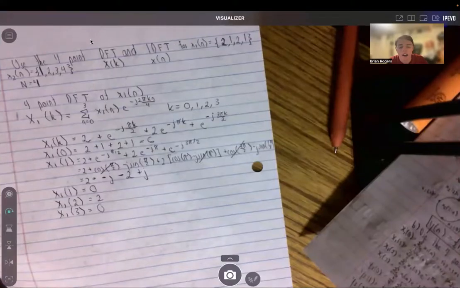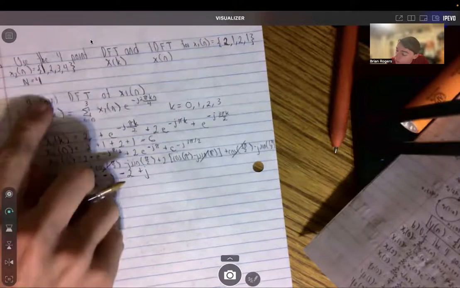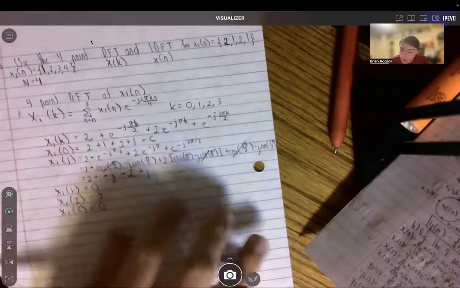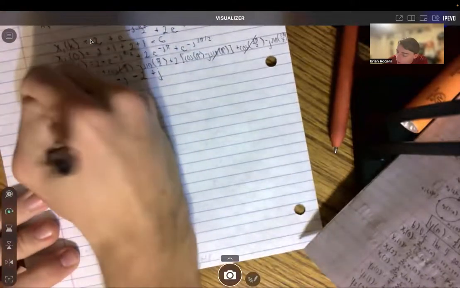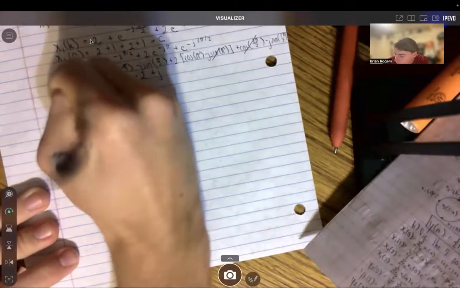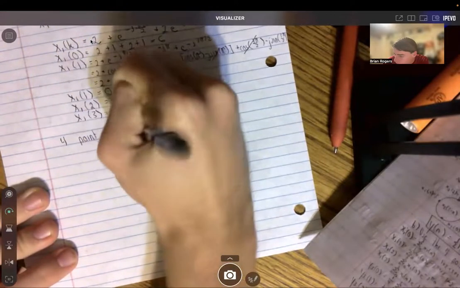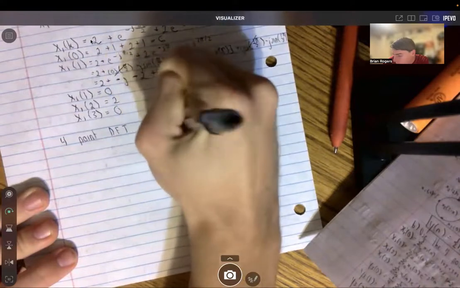Okay. Now that we talked about that, we went through and got our x1 of k. So we found the 4-point DFT of x1 of n, but now we need to find the 4-point DFT of x2 of n.